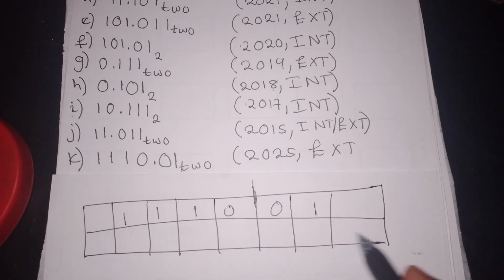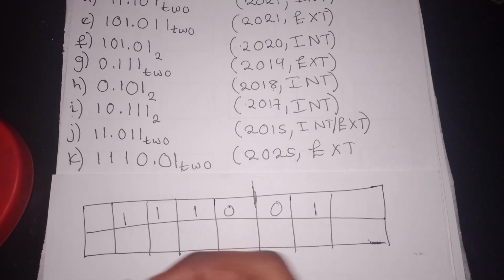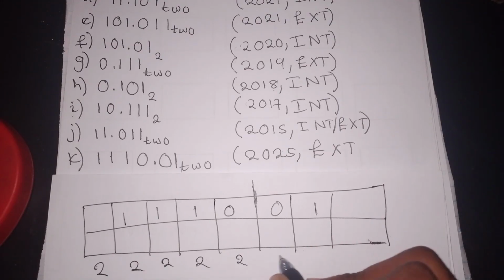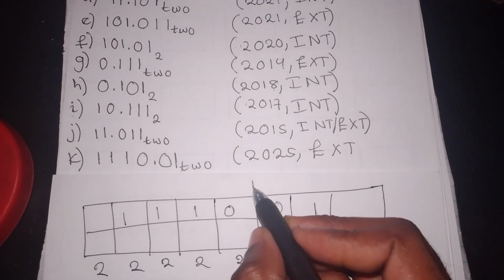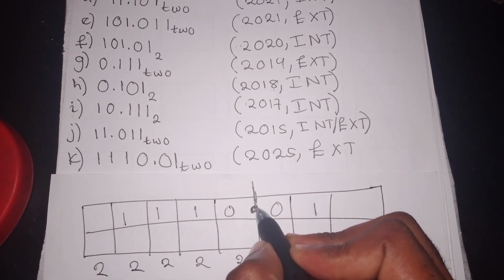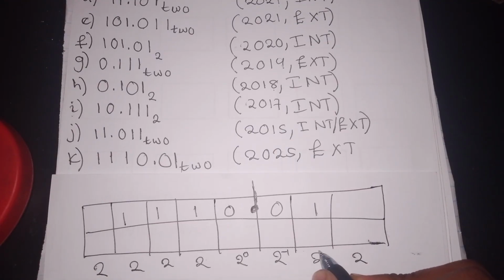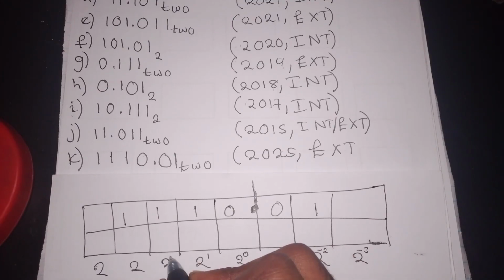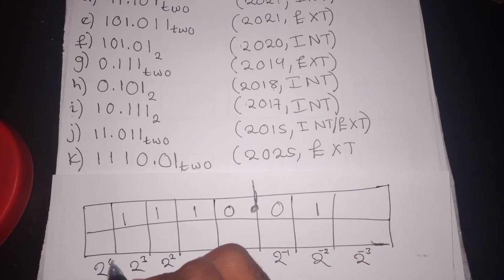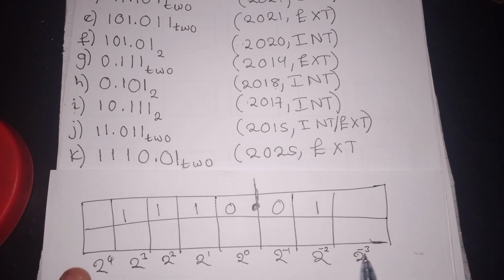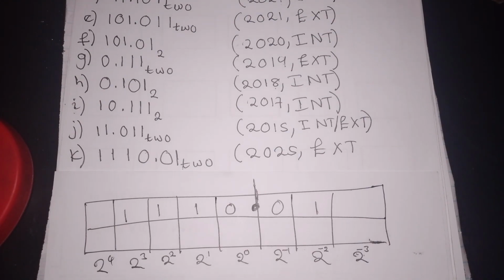In this line you put the powers of 2. Where you have the decimal point, you have 2 to the power 0, then 2 to the power 1, 2 to the power negative 2, 2 to the power negative 3, and so on. You may not need the last digits, as you can see we have no numbers there.